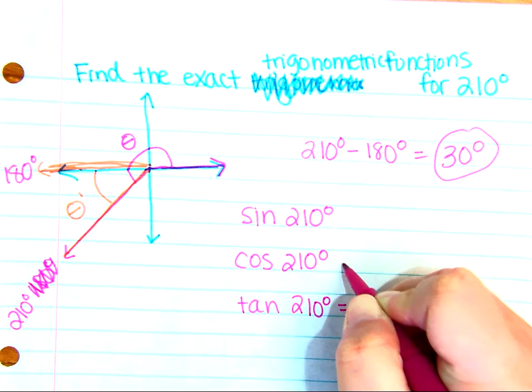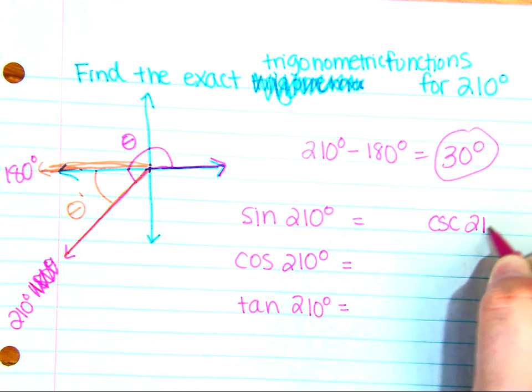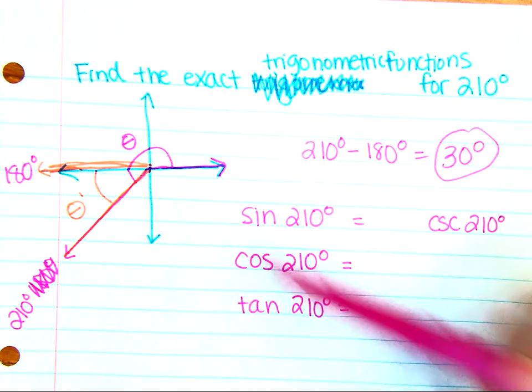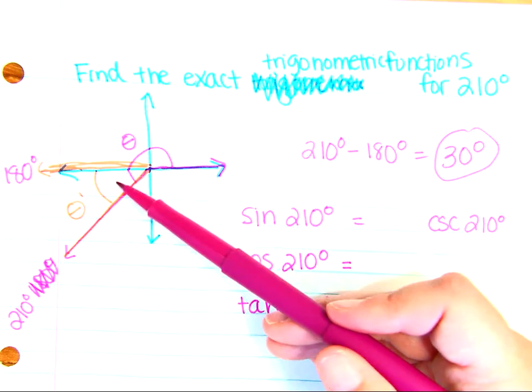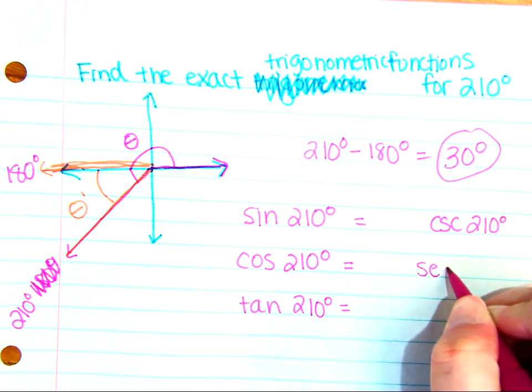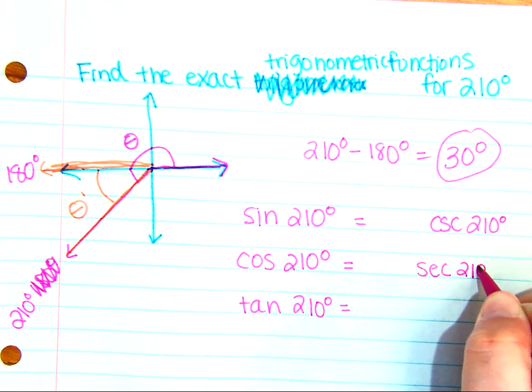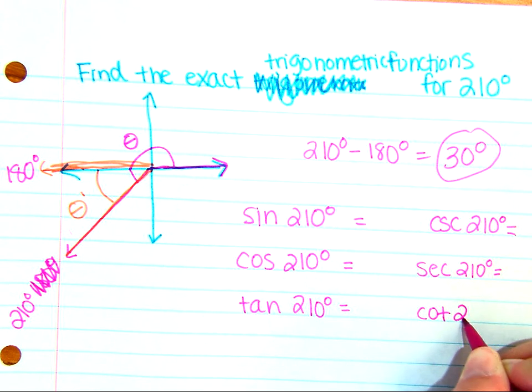What ends up happening is I just need to account for the fact that instead of it being 30 degrees in quadrant 1, I have 30 degrees in quadrant 3. In the first unit, we talked about where sine, cosine, tangent, cosecant, etc., are positive and negative.